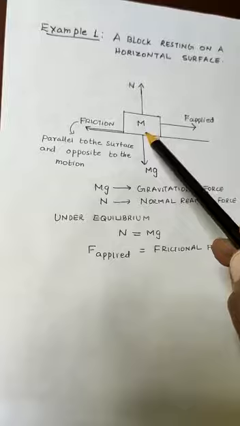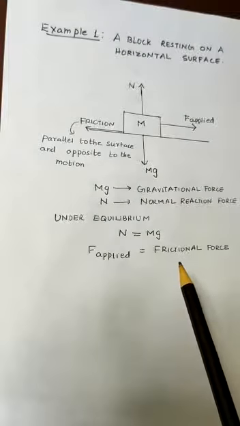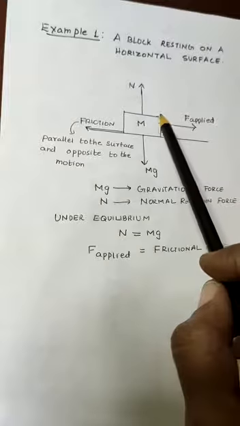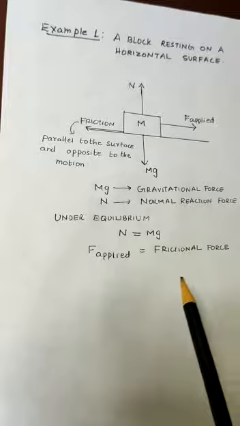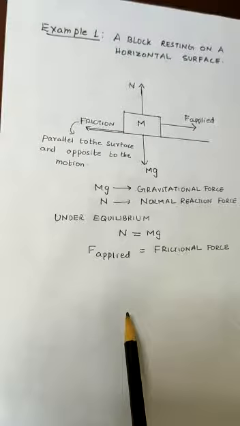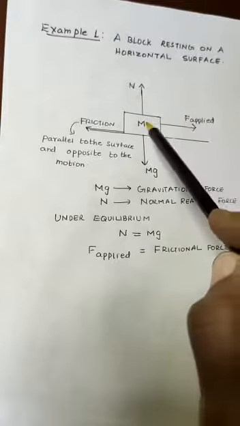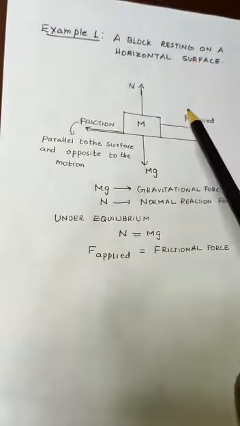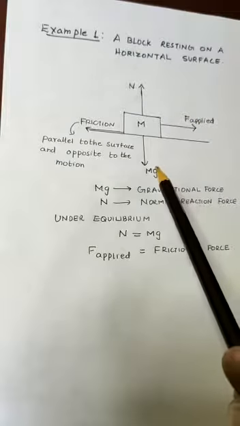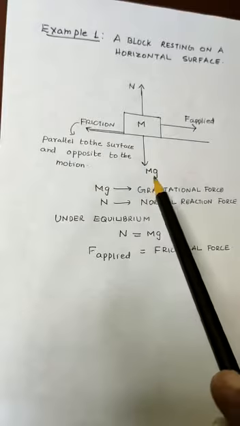The weight of the block mg is acting vertically downwards and the normal reaction force is acting vertically upwards. The gravitational force always acts perpendicular to the earth's surface and the normal reaction force always acts perpendicular to the surface on which you place the object.